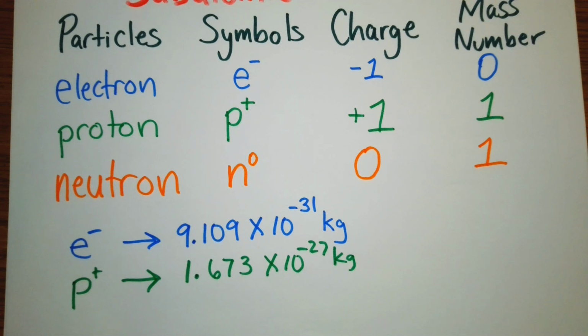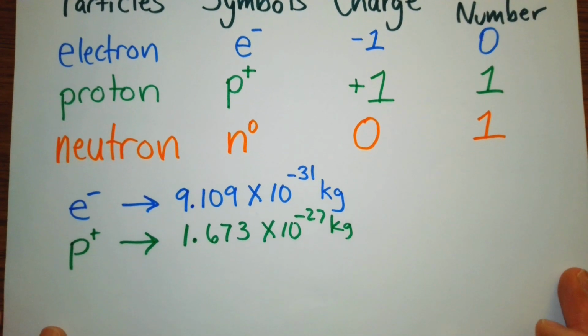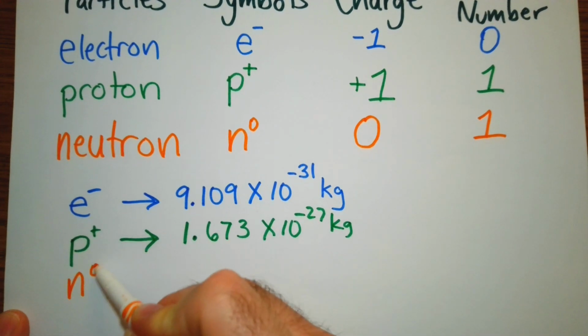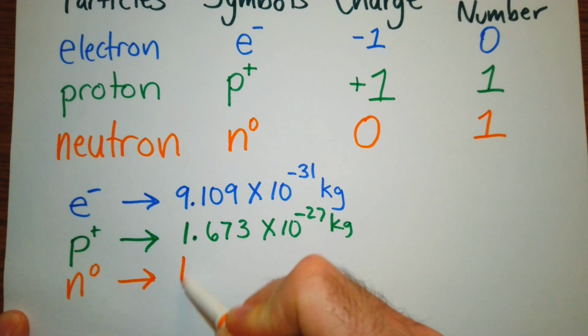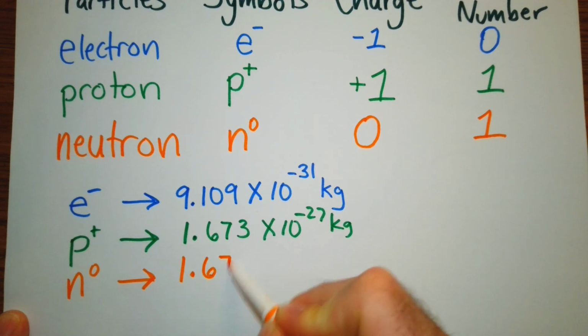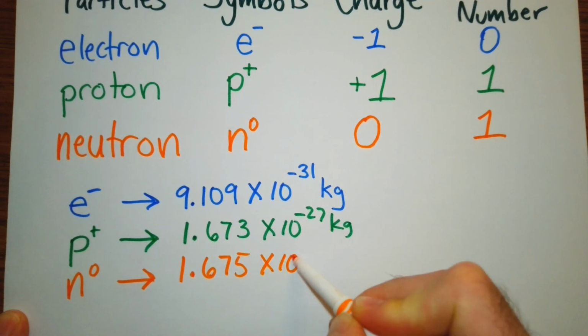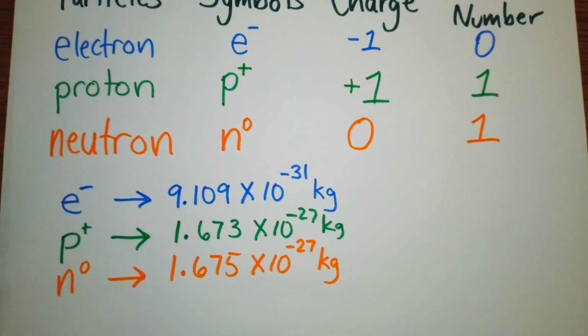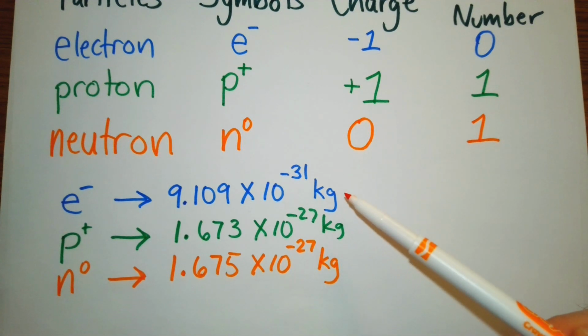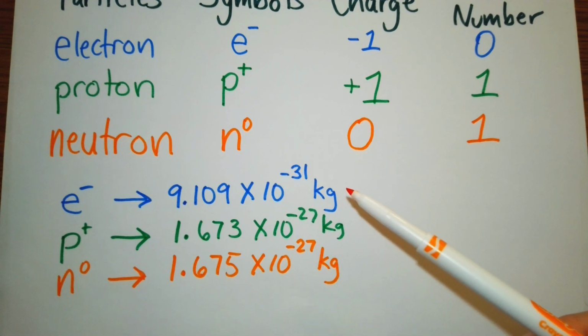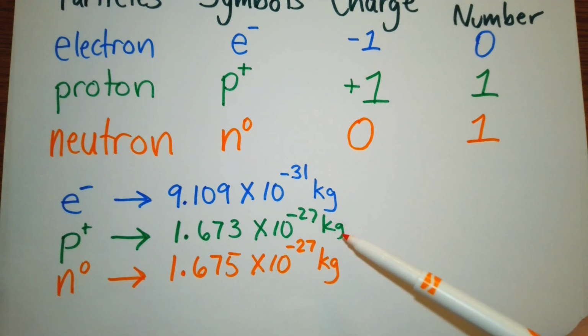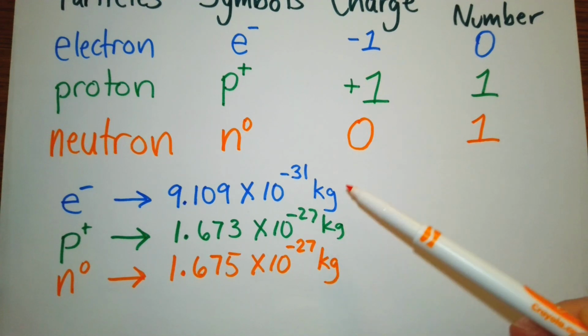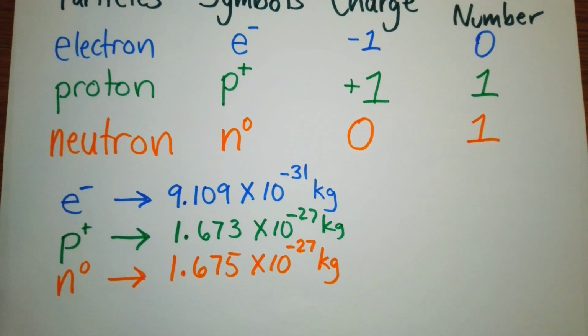And then finally, the neutron is 1.675 times 10 to the minus 27 kilograms. So the electron's mass is many times smaller than the proton's and neutron's, so we can ignore the electron's mass. Okay?